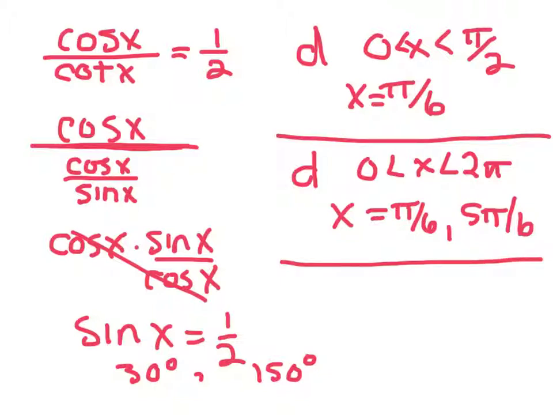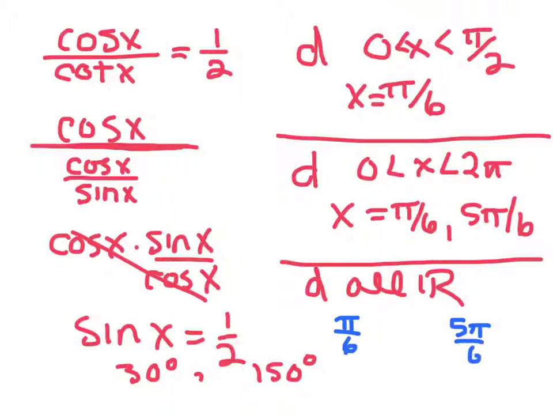But if it told you your domain was all real numbers, then your answer is going to be pi over 6 or 5 pi over 6 plus 2 pi n, where n is an integer, and so both those answers keep repeating to infinity every 2 pi times the integers.